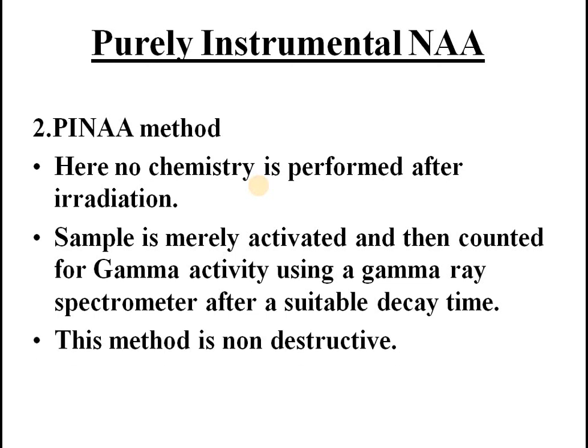So this method is non-destructive. Why? Because the sample is not subjected to any sort of chemical action. That's why it is called non-destructive. So it is more preferable if possible because the sample is not destroyed. So you can keep the sample safely for later reference.